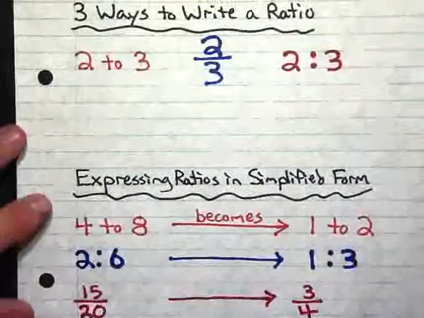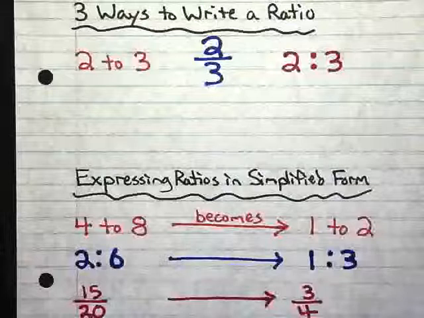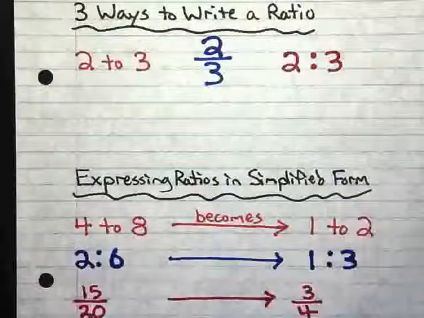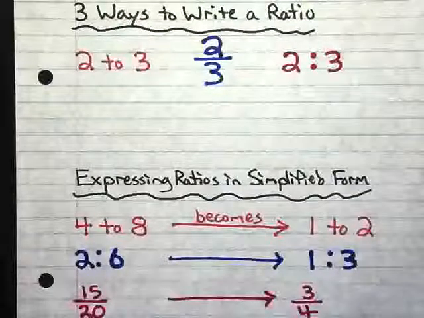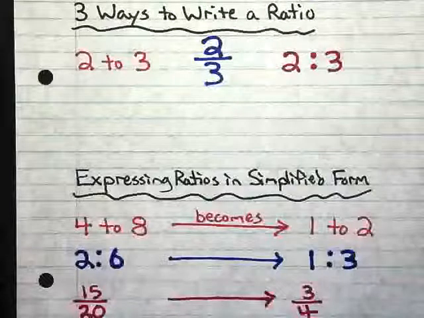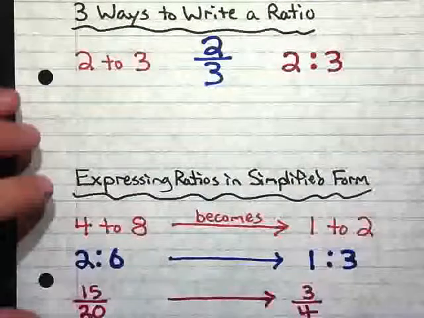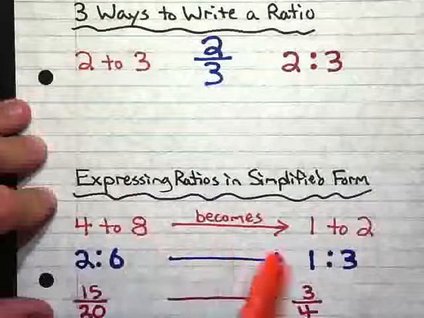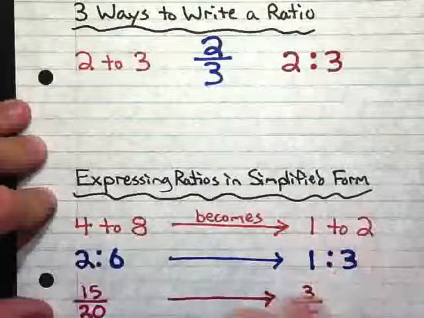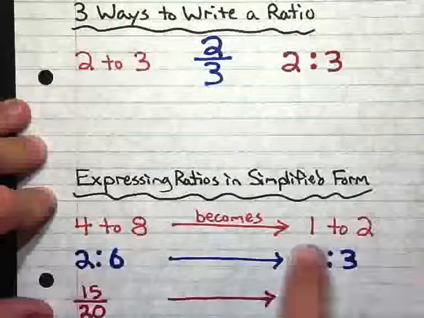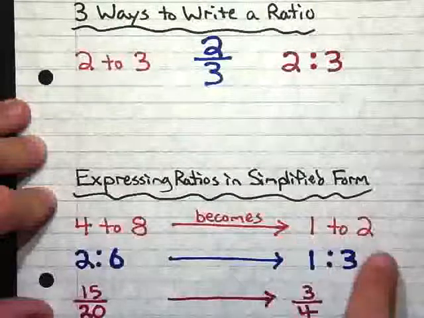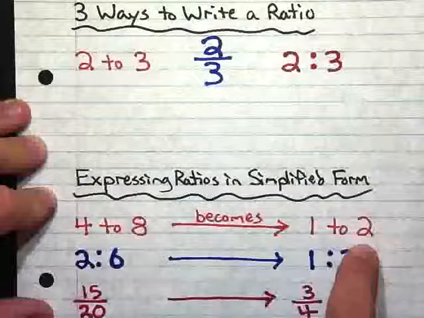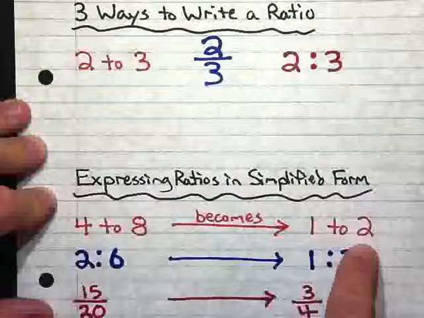So, how do we express ratios in simplified form? Okay, and usually whenever we express ratios, we always express it in a simplified form. So you can see here that a ratio of 4 to 8 would reduce down and become 1 to 2 because 4 goes into 4 once and 4 goes into 8 twice. Okay, so you would reduce it like you would a regular standard fraction.